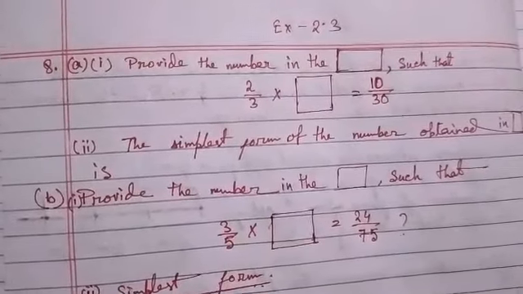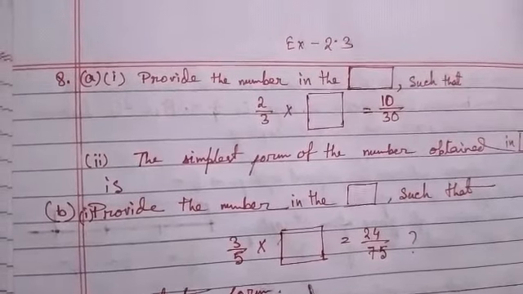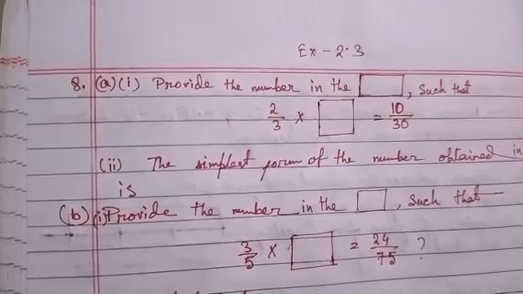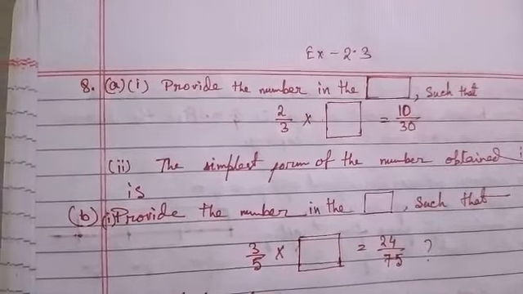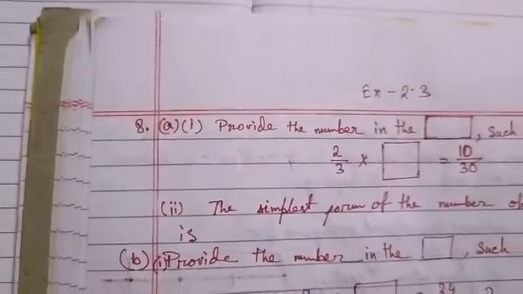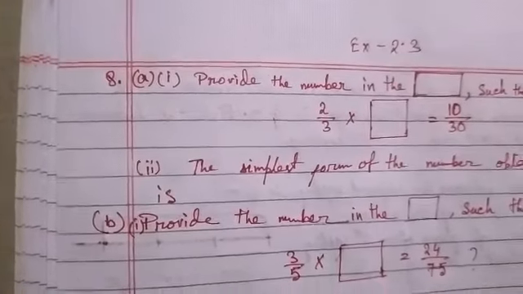Now question number 8. Part A: provide the number in the box such that 2 by 3 into box equals 10 by 30. So what will be in the box? Actually the product will be 10 by 30.